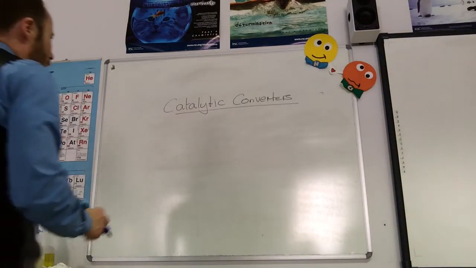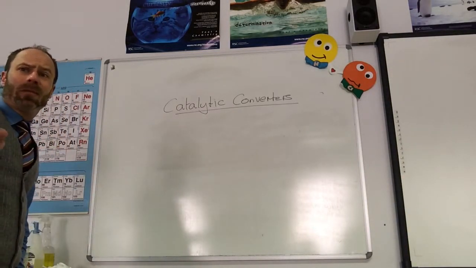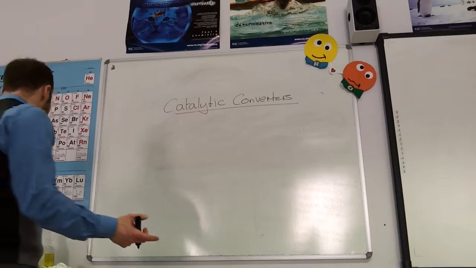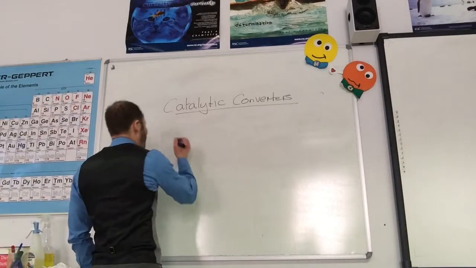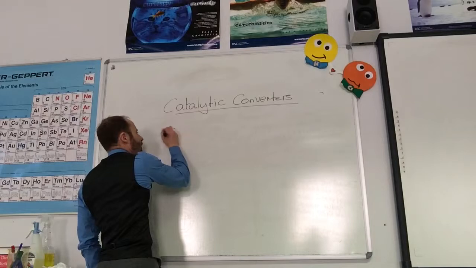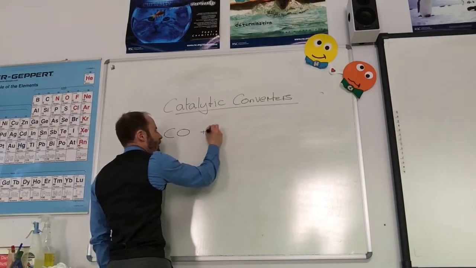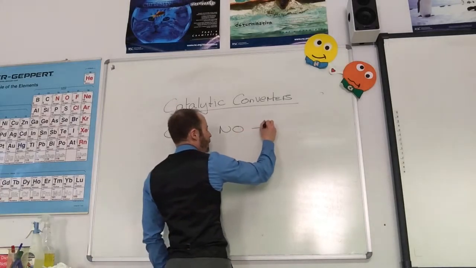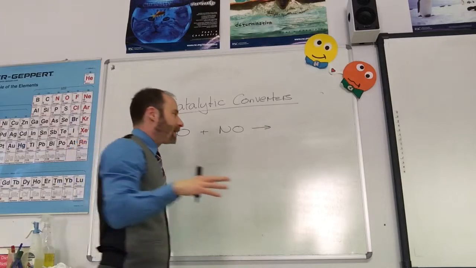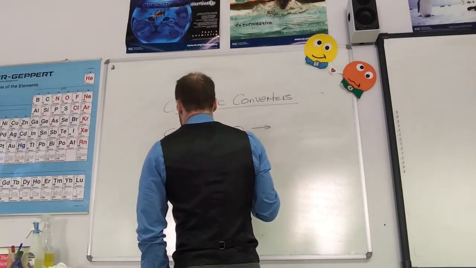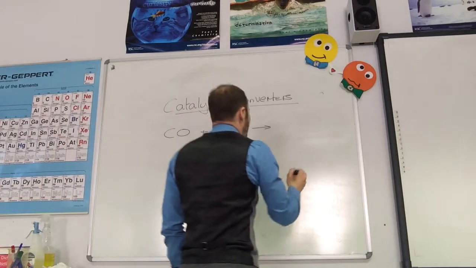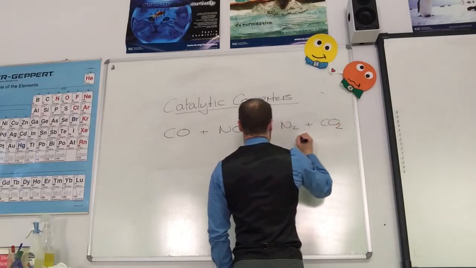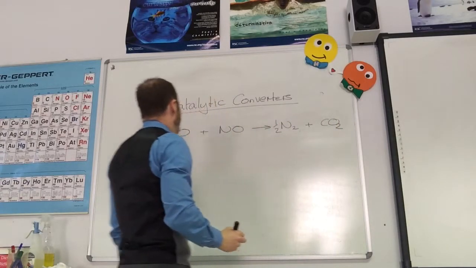So we can sort out a lot of these problems by using a catalytic converter, which you often have on the exhaust pipe of cars nowadays. How do they work? Well, I'm sure you would have learned the equation at GCSE. You take carbon monoxide and react it with nitrogen monoxide coming out of the exhaust pipe, and you pass it over a catalyst that shimmies everything around to give you N2 plus CO2, and you need a half N2, like so.